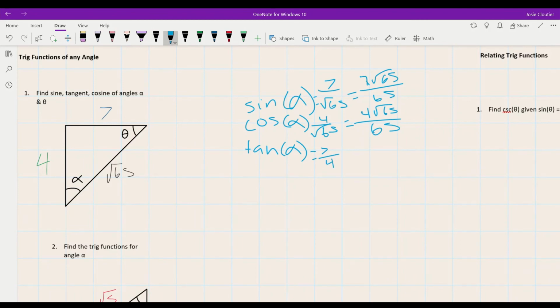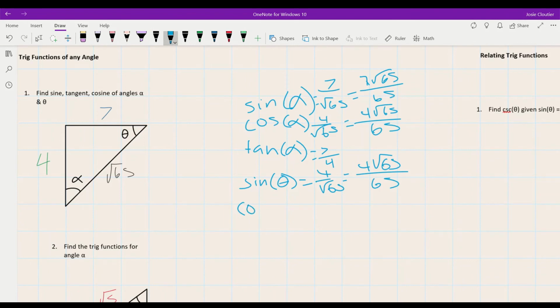Now we do theta. Sine of theta is equal to 4 over square root of 65, which is equal to square root of 65 times 4 over 65.